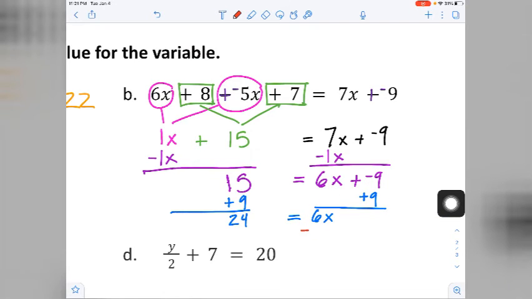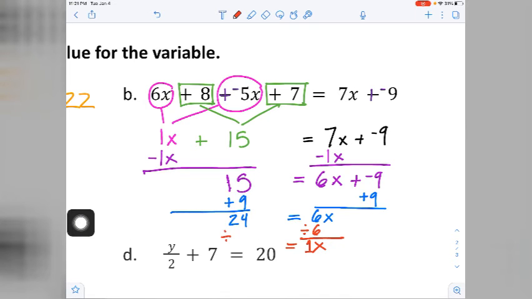So in order to get rid of that 6, I need to do the opposite of multiplying, which is dividing by 6. 6x divided by 6 is going to equal 1x. That's what we want. And then because I divided this entire side by 6, now I have to divide this entire side by 6. 24 divided by 6 equals 4. And so that should be your answer, x equals 4.